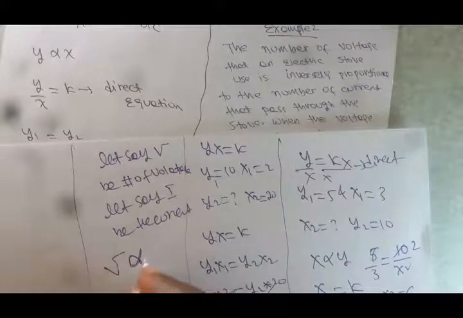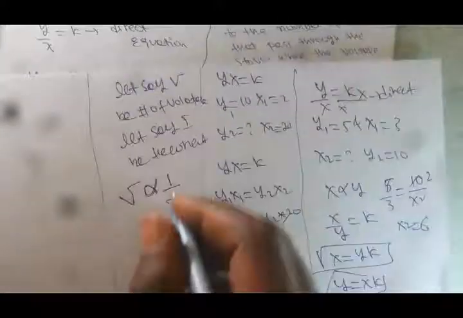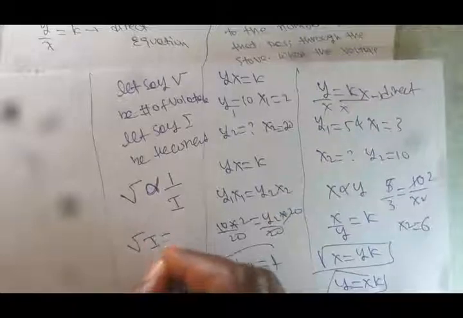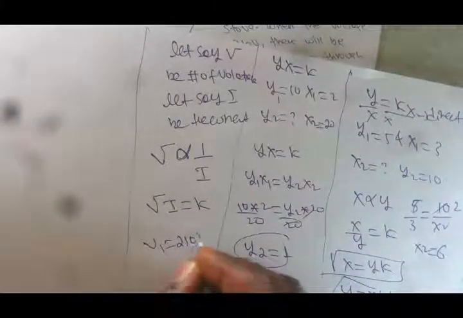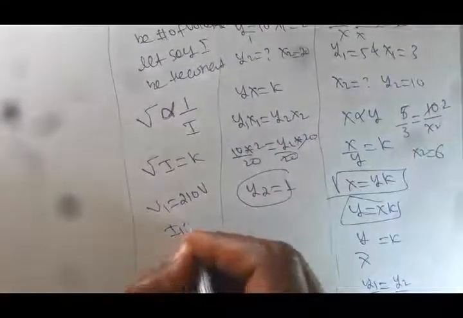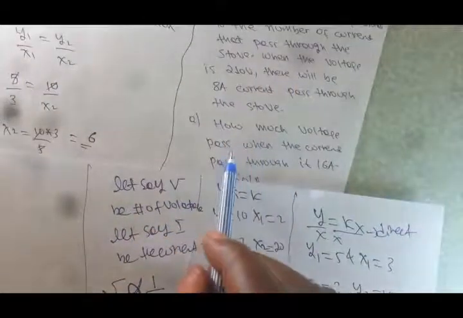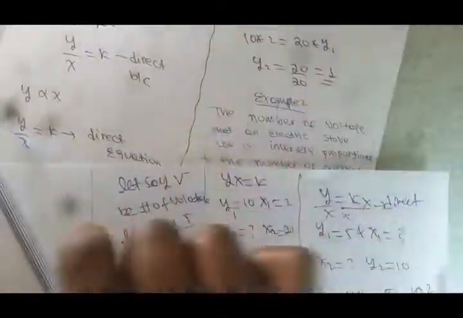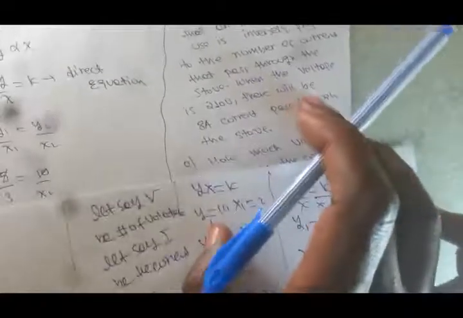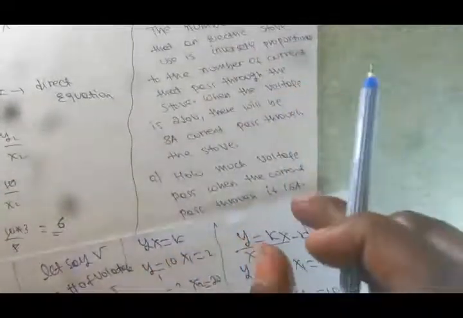When we write in mathematical form, it means 1 over I. Therefore VI equals k. When V1 is 210 volts, there will be 8 amperes. That means I1 is 8 ampere. How much voltage will pass? We are asked to find V2 when I2 is 16 ampere.